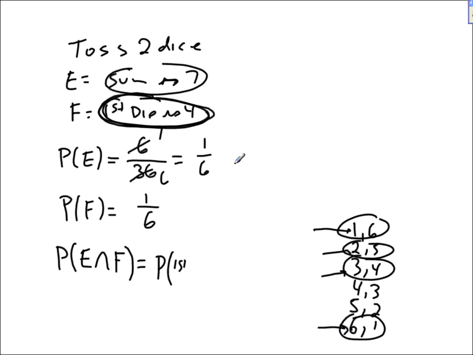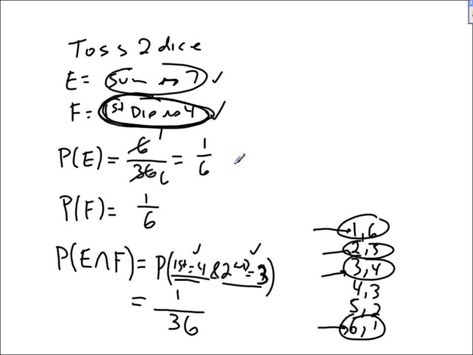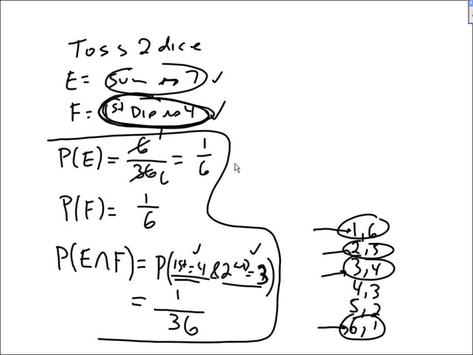That means the first is 4, and for the sum to be 7, the second has to be 3. You toss 2 dice, there are 36 outcomes. Of those 36 outcomes, how many have a 4 first and a 3 second? Just one of them.